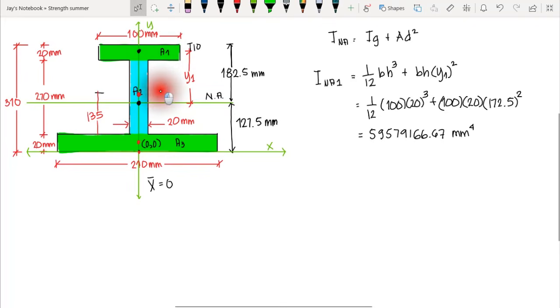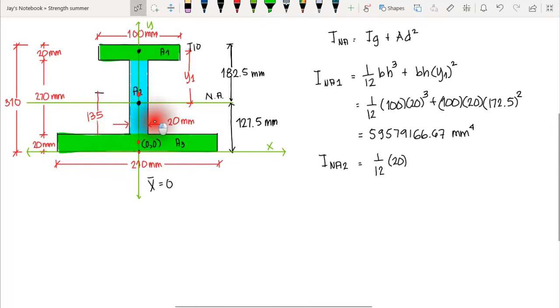Now for section 2, let's say that is our transfer moment of inertia of section 2, that is equal to, that is still a rectangle, so we have the gross moment of inertia, that is 1/12 b h cubed. So 1/12, our base here is the thickness, 20. Okay, the thickness times the height.